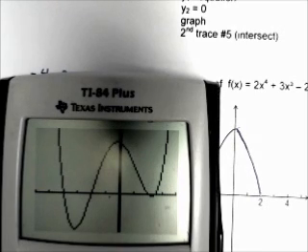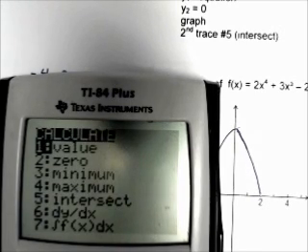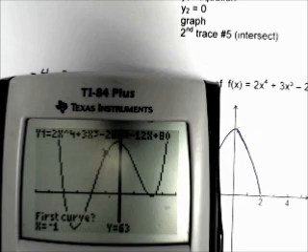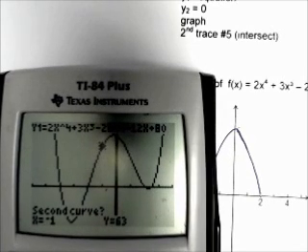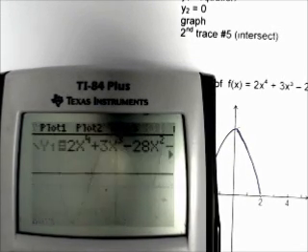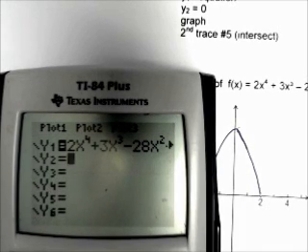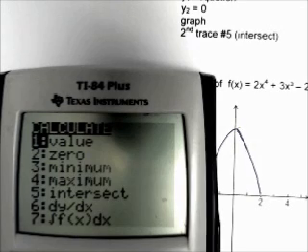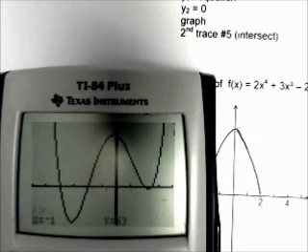x-intercept? Well, we'll do our second trace, number 5. First curve, we just hit enter. Second curve, just hit enter. Now for the guess, second curve, enter. Oh, no second curve. Go back to y equals. I forgot to put in 0 in y2. So let's do that again. Second trace, number 5.